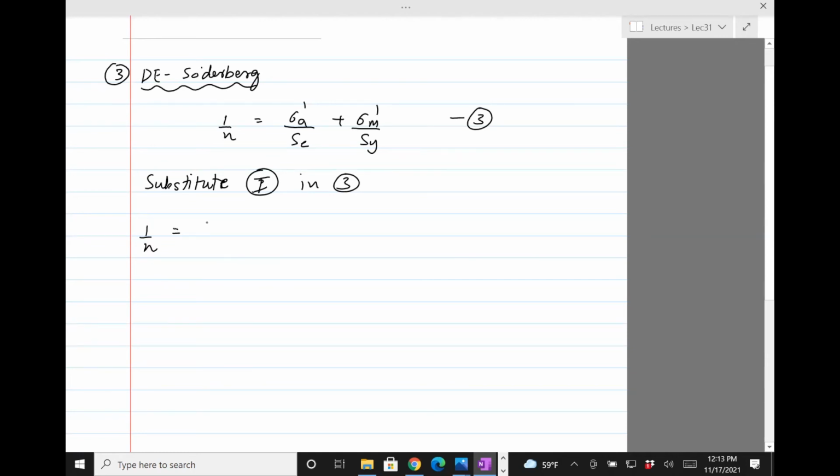That's 1 divided by n equals, I need a lot of room for this one. So 1 divided by n equals 16 divided by pi d cubed. Okay. 1 divided by Se, then we have 4 times (KF Ma) square plus 3 times (KFS Ta) square.